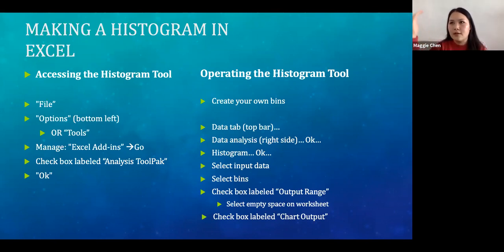Select the bins, those ranges we've already typed up. Check the box for output range, where we want our chart to pop up, and then check the box labeled chart output. I'm going to go over all of this later, but if you need to refer to it, you can open this PowerPoint side by side with your Excel sheet, since it's also available on Canvas.